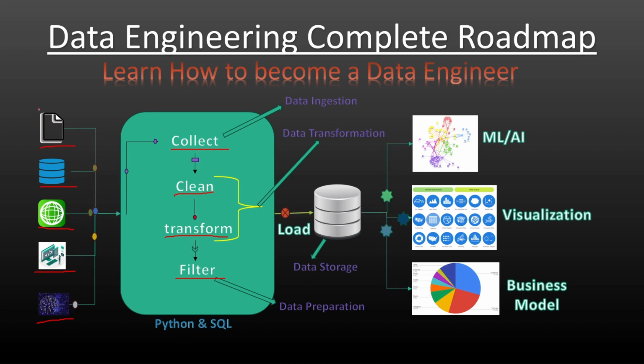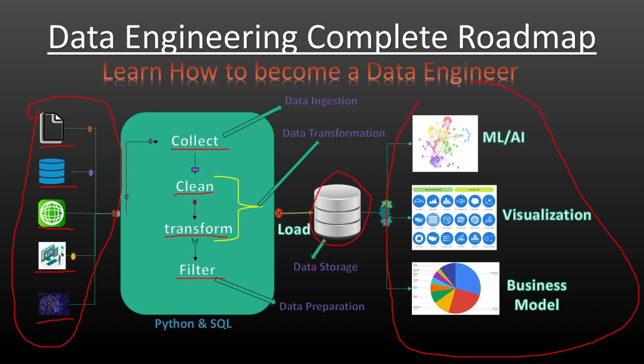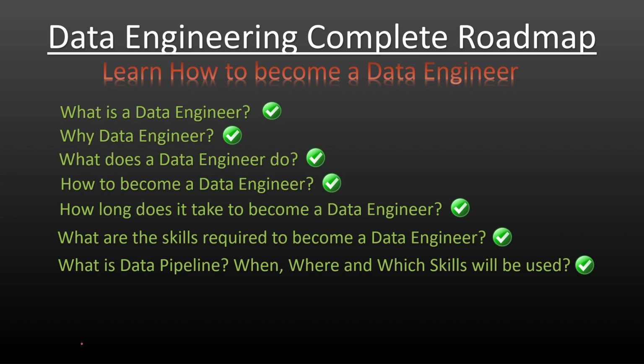So data is traveling from the source system to the target database, and from the target database to the business layer. This is known as a data pipeline. Basically, a data pipeline is a path for traversing the data from source to target. I hope you all have understood this.